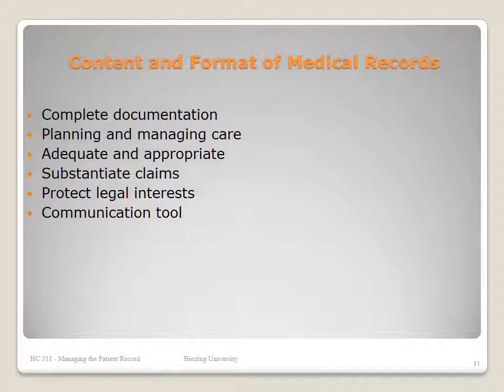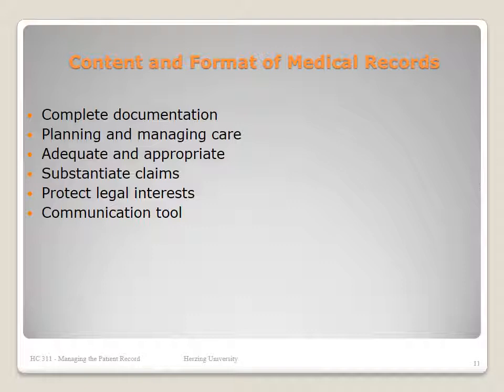Complete and accurate documentation is critical in ambulatory medical records. The content and format help to plan and manage care of the patient. Services provided must be adequate and appropriate for the level of care received.